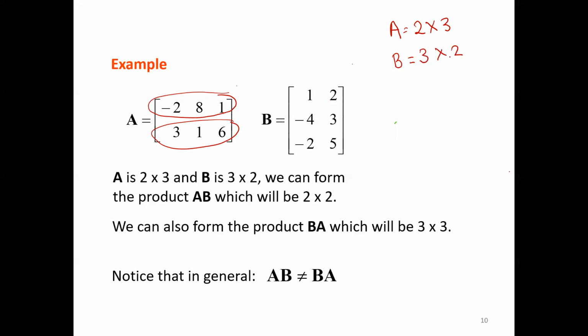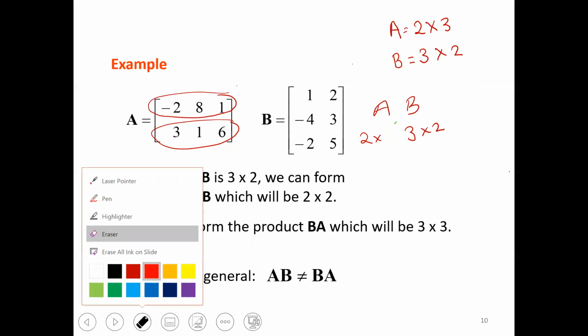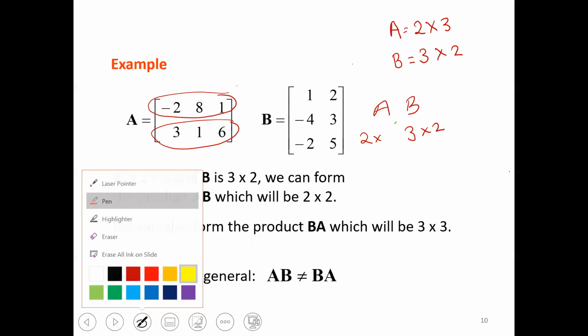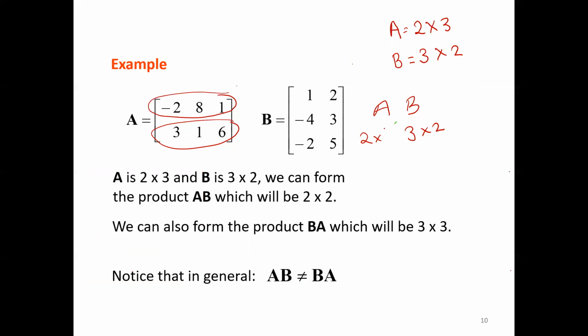So if we want to find AB, A is 2 by 3, and B is 3 by 2. Wasn't this 2 times 3 and this 3 times 2?